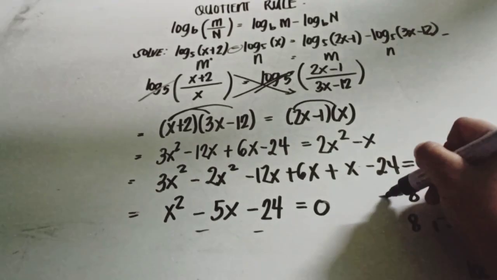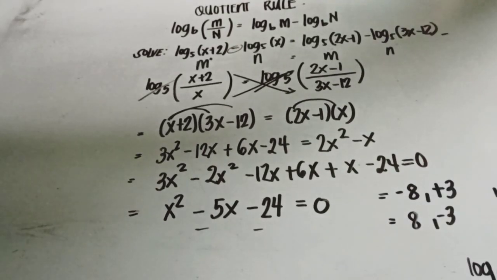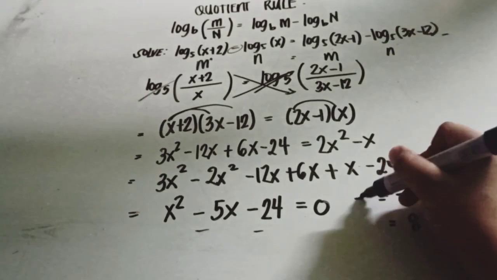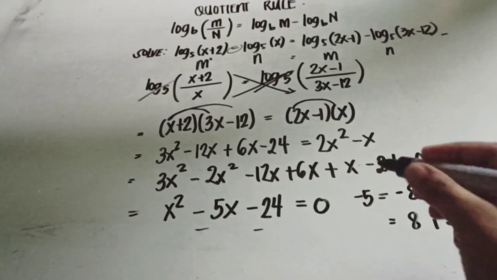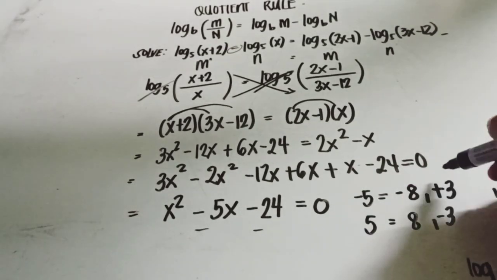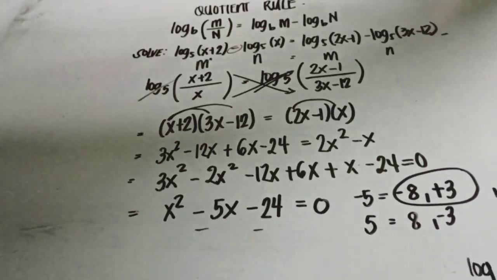So, the sum of negative 8 plus 3 is equal to negative 5, and 8 plus negative 3 is equal to positive 5. So we will use these two numbers to get our factors.